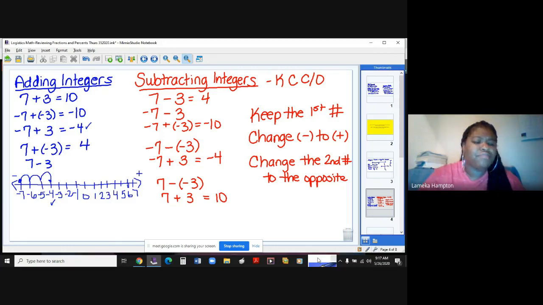So for this particular problem, I have 7 plus -3. Now, again, I know when we look at that, it looks real silly. I get it and I understand. However, this is actually going to be a caveat or a move along to subtracting integers. Okay, so stay with me.